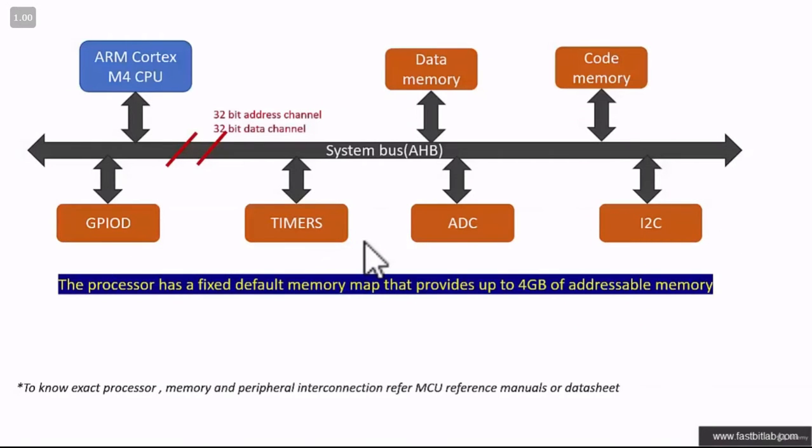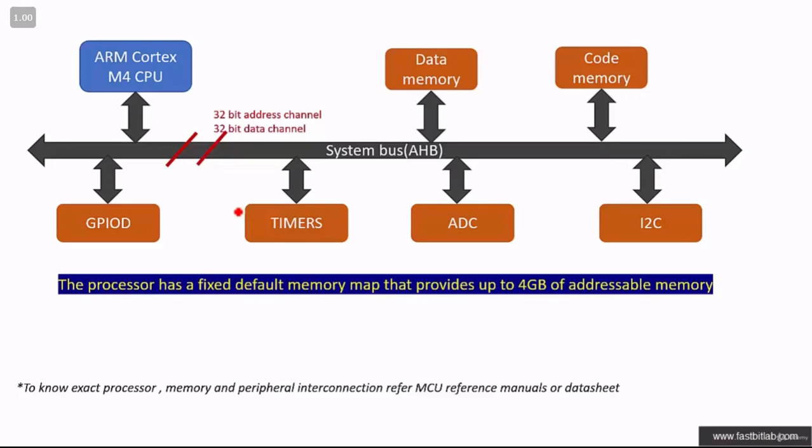Let's understand this with this diagram. You have a processor, let's say ARM Cortex-M4 processor. This is an interconnect. This is a bus which connects the processor to the various peripherals of the microcontroller. The peripherals could be the GPIOs, timers, ADC, I2C.